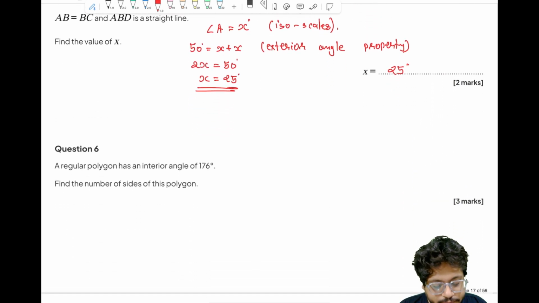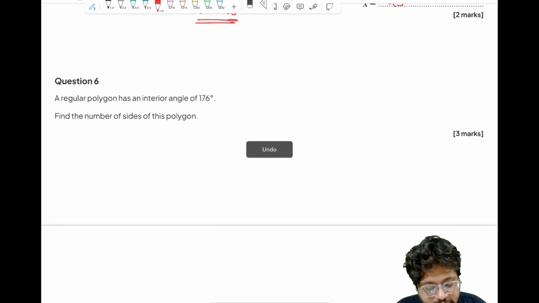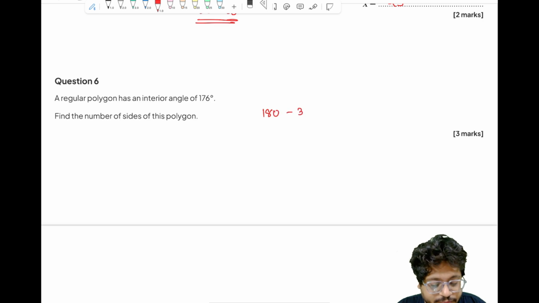Clear? See the sixth. A regular polygon has an interior angle of 176. Again, same formula: the measure of each interior angle in a regular polygon is 180 minus 360 upon n, and that is given as 176.